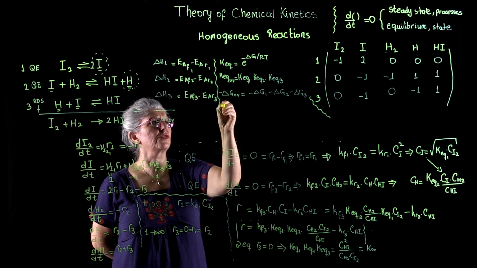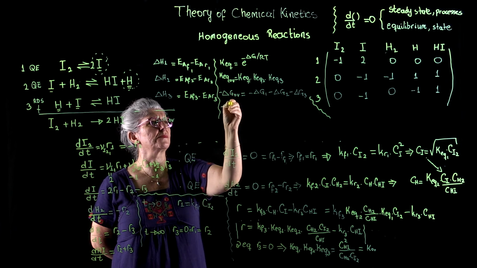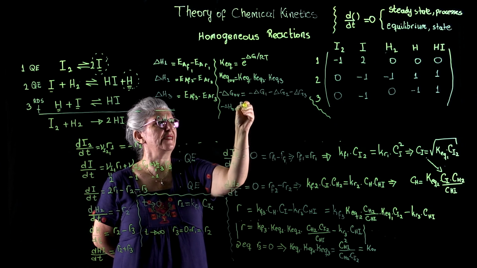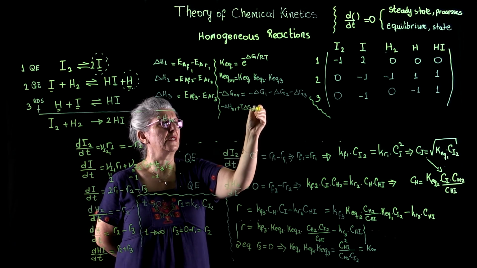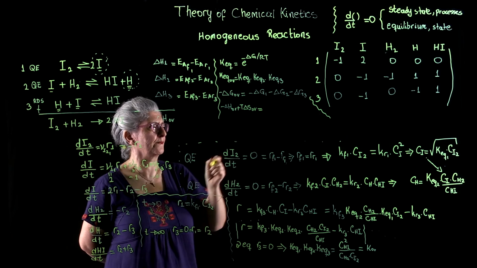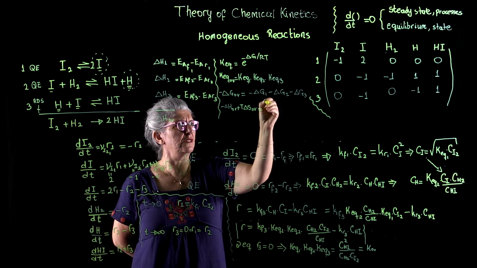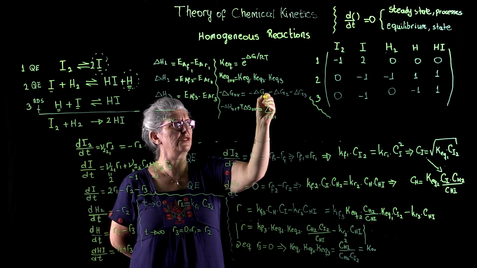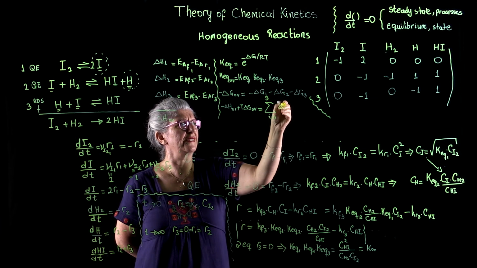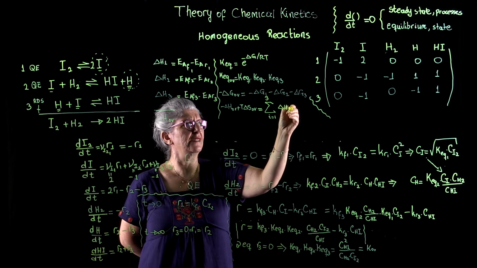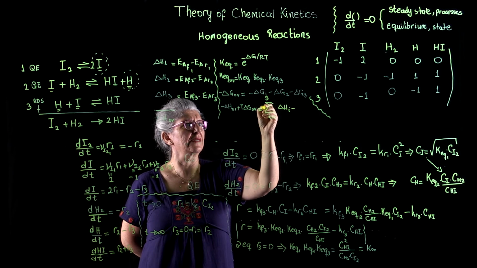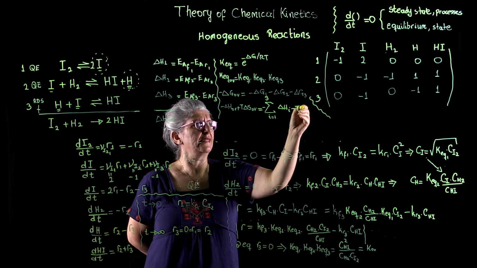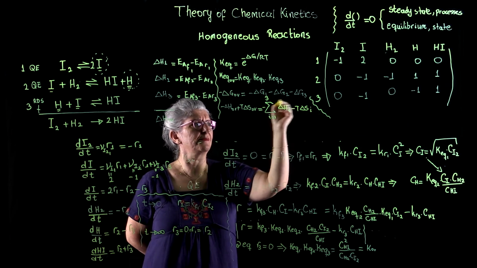Minus delta H overall plus T delta S overall is equal to summation from 1 to 3 of delta H i minus T delta S i.